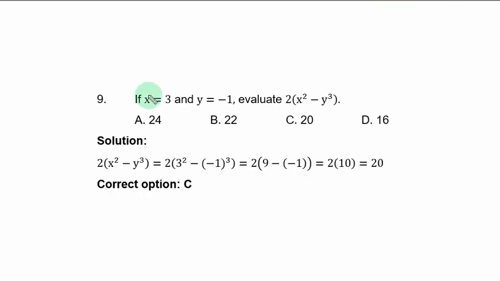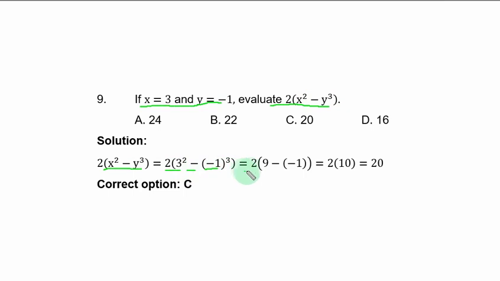Question 9. If s is equal to 3 and y equal to minus 1, evaluate 2 bracket open s squared minus y cube bracket close. So this is the expression where you see s, you replace it with 3, so you have 3 squared. Then minus value of y is minus 1 to the power of 3.